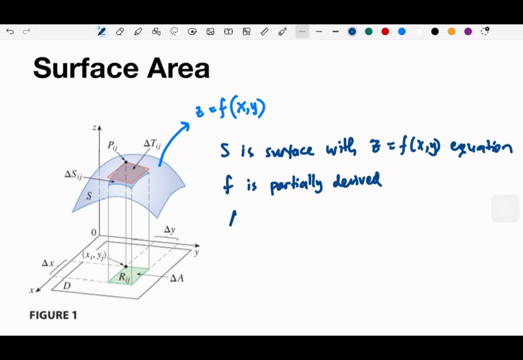Then assume, for simplicity, for the arguments, that this function is a positive function, and the domain is a rectangle.